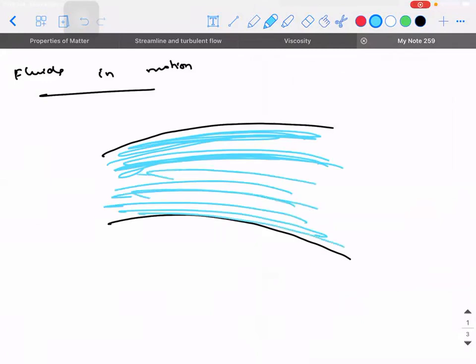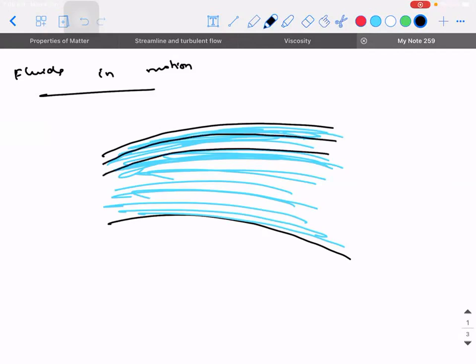Now, this liquid is going to be a continuous surface. We will not be able to see them as layers. Suppose I break this liquid into layers, let's say layer number 1, layer number 2 like this, I'm taking some random layers between the points A and B of the tube.